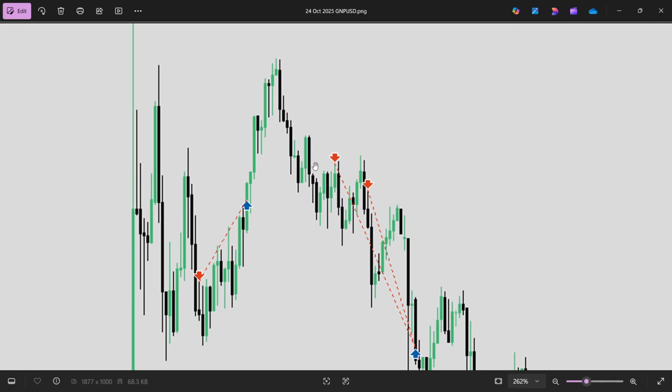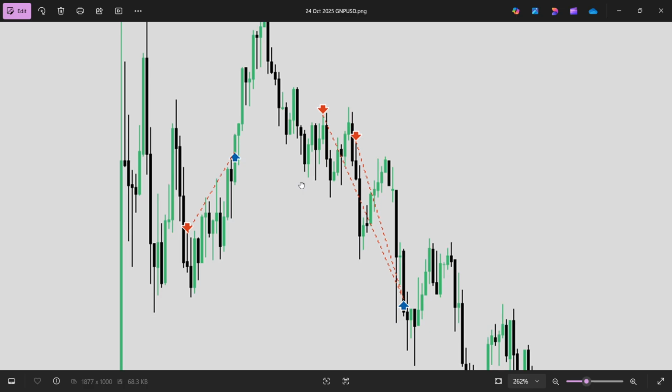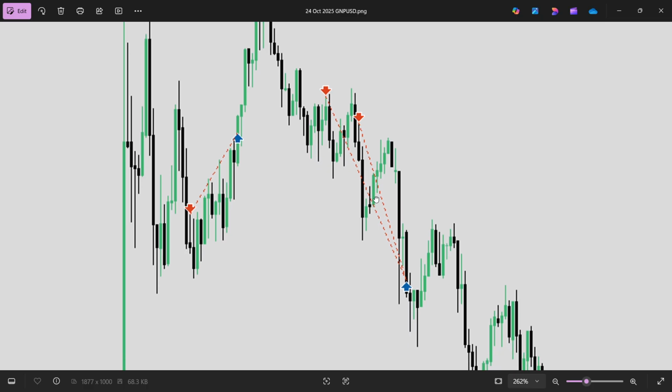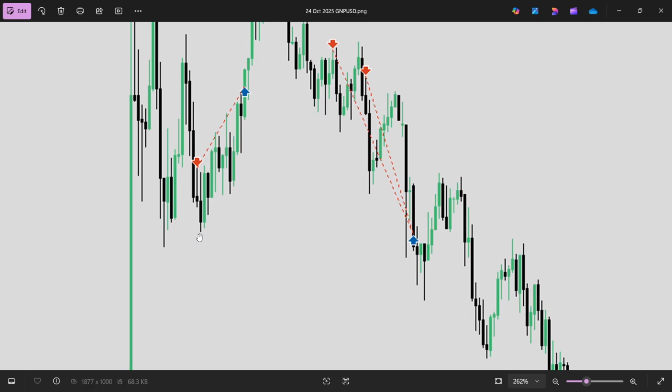You can see I entered there, again on an inverse fair value gap up there, exited just below the sell side up there, because I don't want more than that.